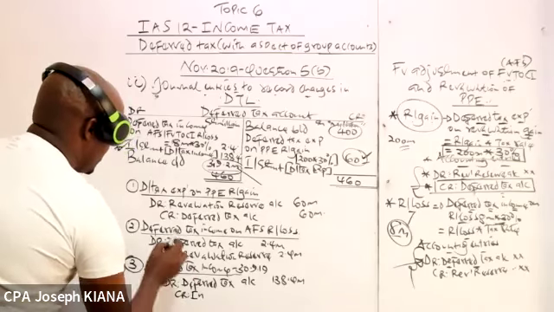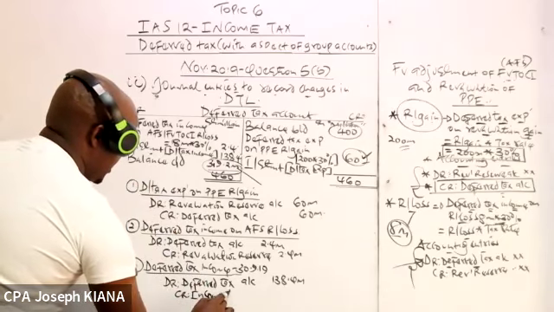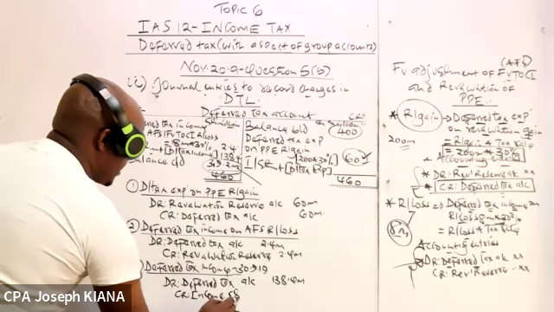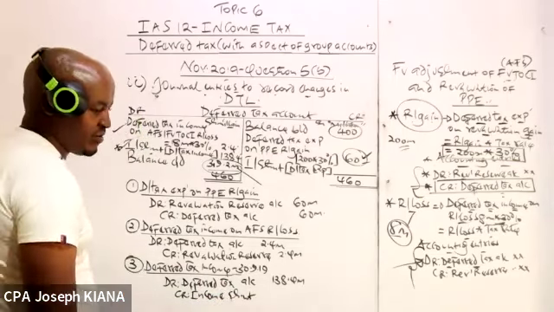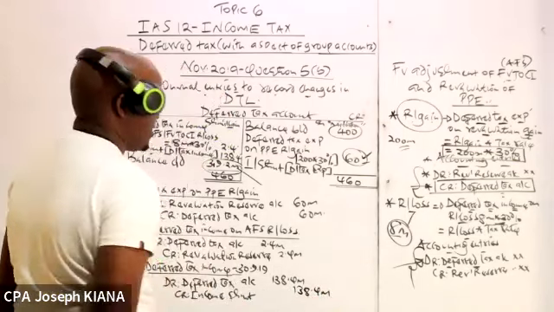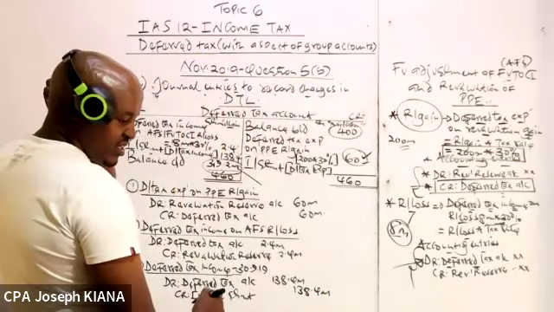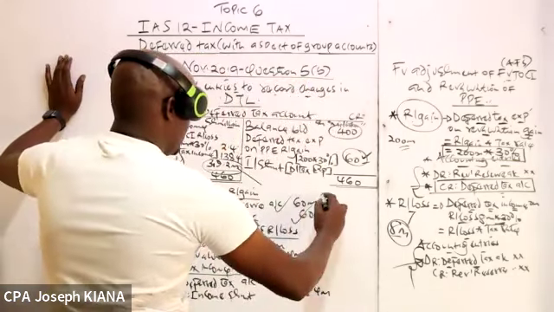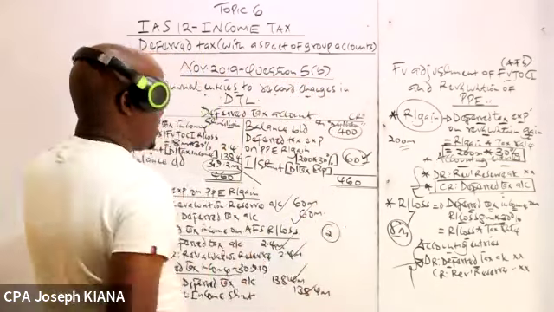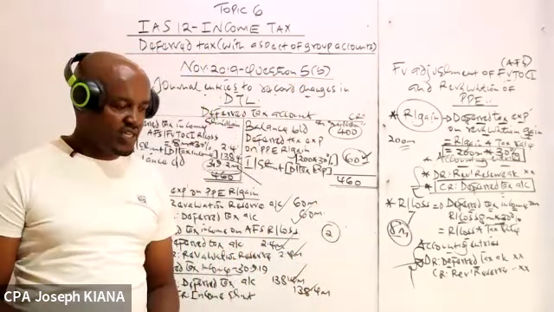The other entry will go to the income statement. We credit the income statement, or basically the statement of profit or loss, with the same amount, 138.4. So this now is what was required as far as Roman 2 of the question is concerned, basically preparing those journal entries.